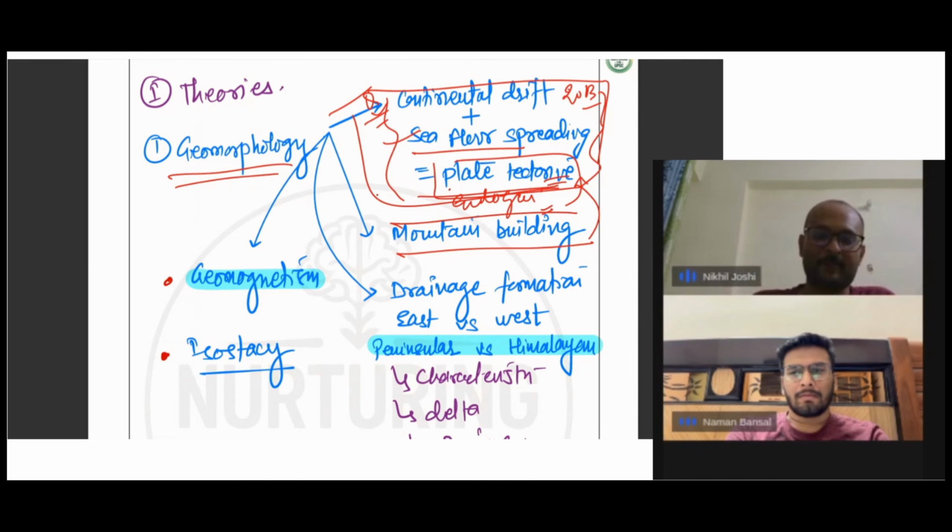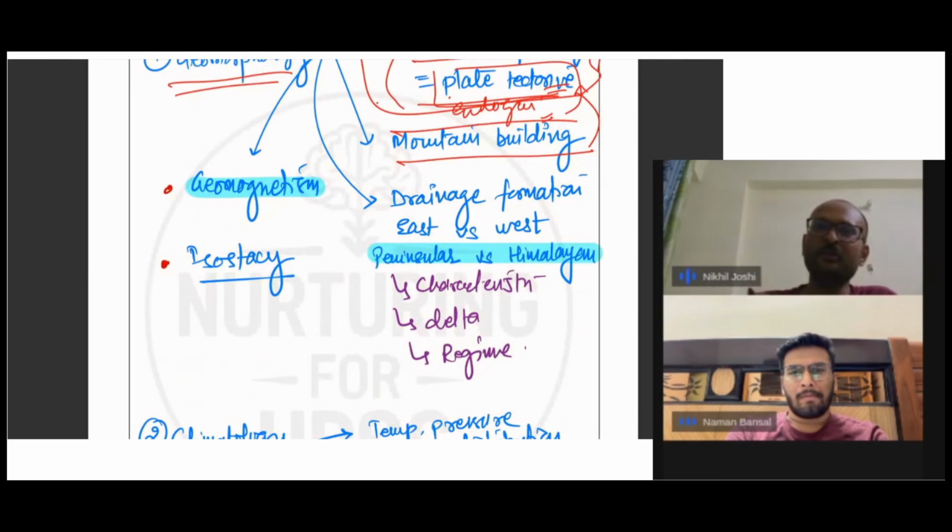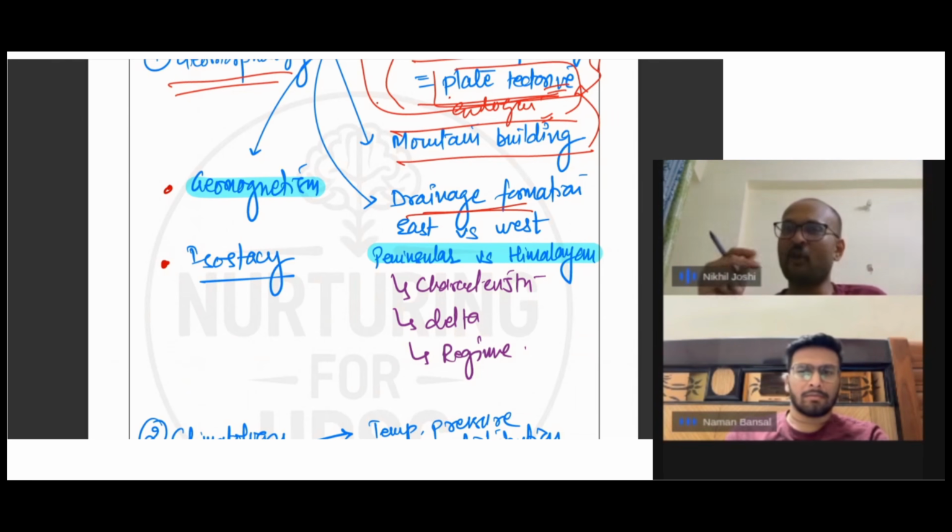What are the types of mountains and how they are formed based on plate tectonics is a probable and very possible question. In addition to that, drainage formation has not been asked in recent times, but it is a very due area. They did ask about delta formations a while back, but drainage formation is a very common theme when we talk about geomorphology in the optional. And I have observed that the optional questions do come after 3-4 years in GS when they get normalized.